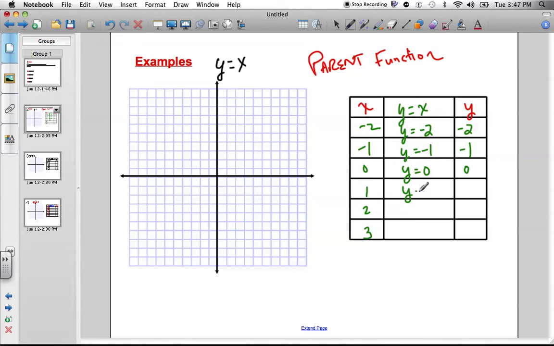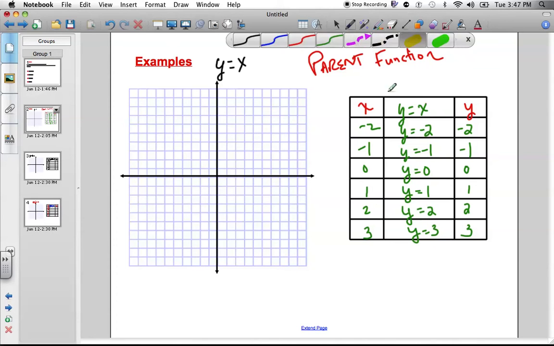When x is 1, y is 1. When x is 2, y is 2. And same thing with 3. And so now what you have created is ordered pairs, -2, -2, that we can use now to graph the function.